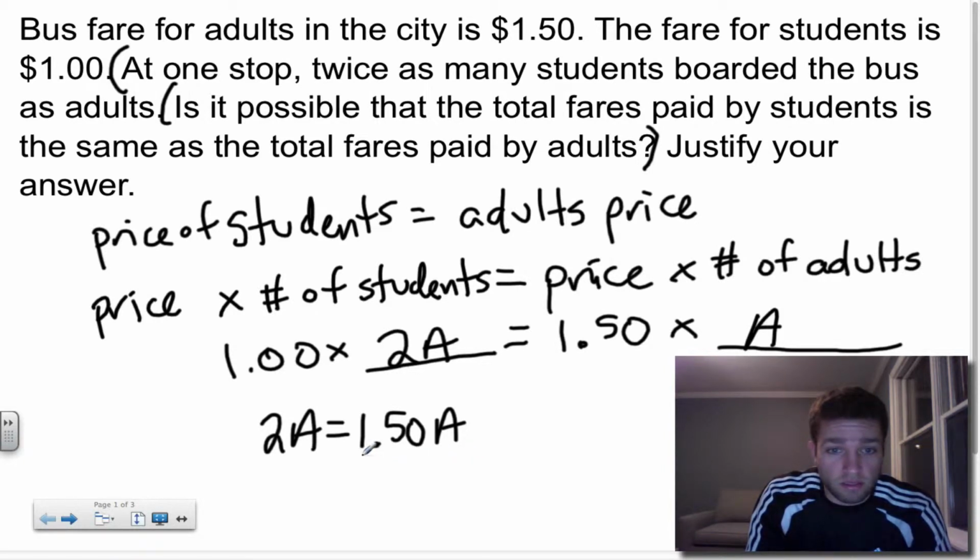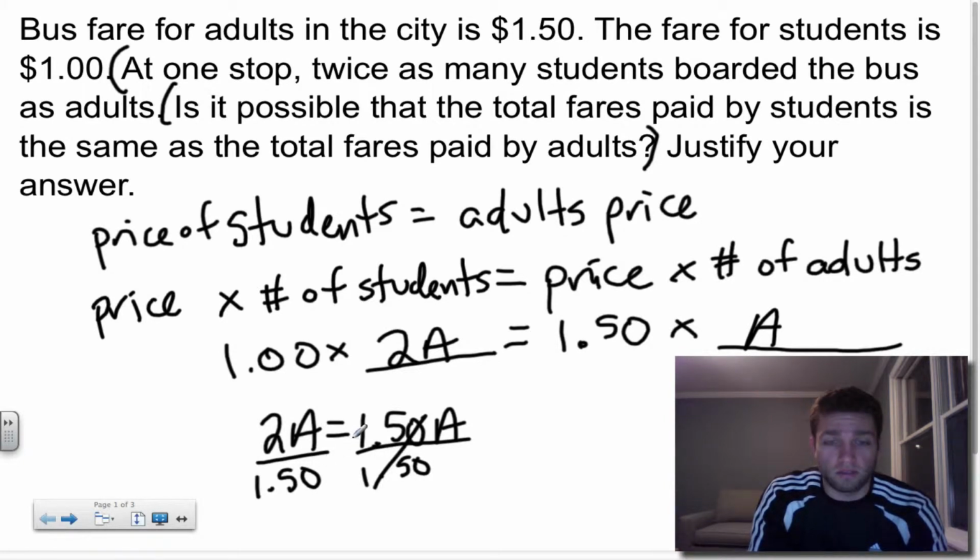And to solve this, well, you can't do anything. If I divide this side by $1.50 to get rid of it, and divide this by $1.50, you should quickly see that this problem doesn't have an answer.